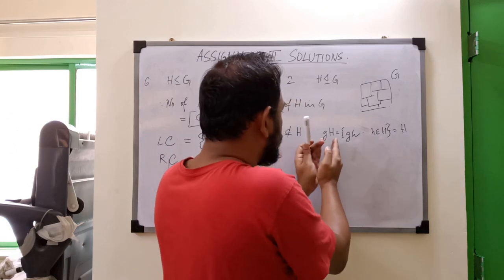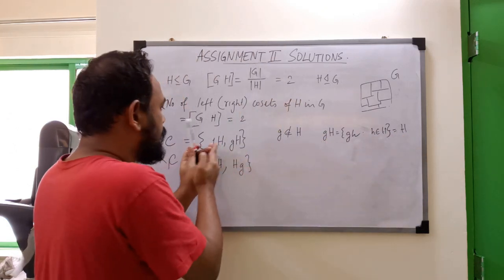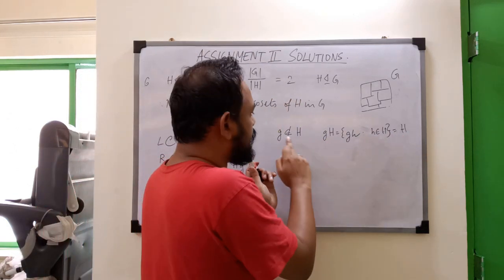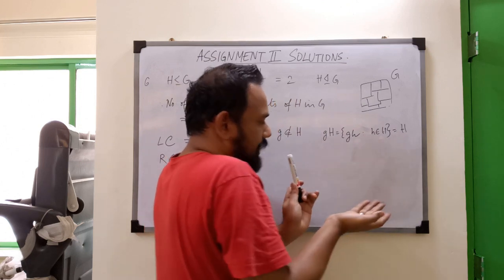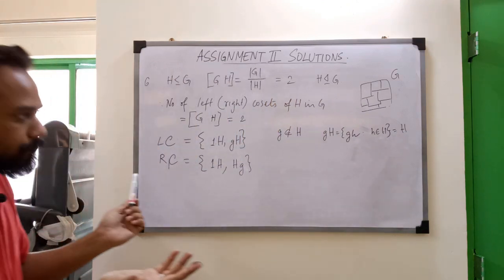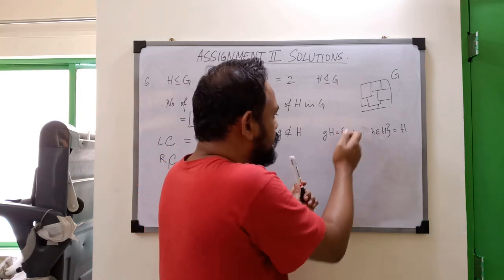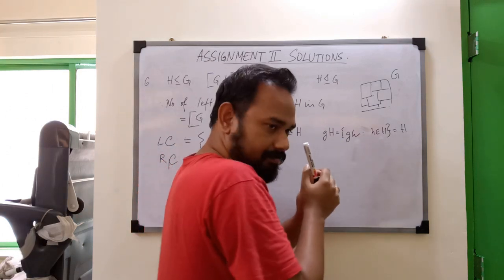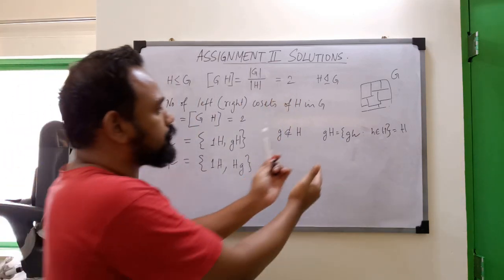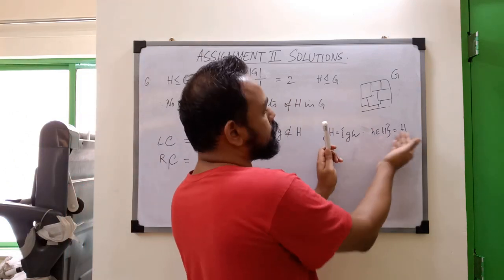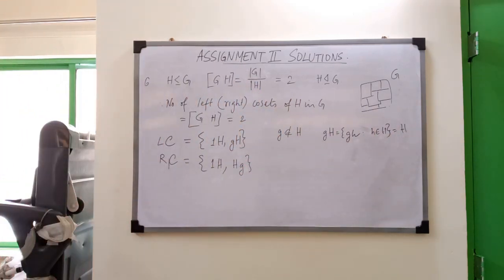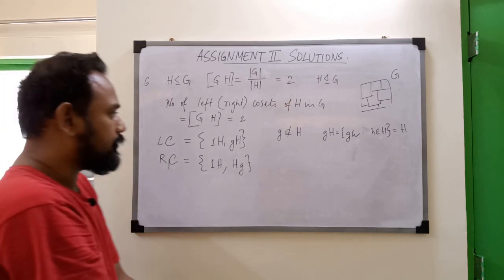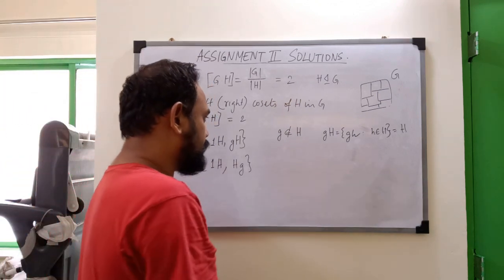So to say that GH is not the same as H, G cannot be an element of H, otherwise the two would be the same by closure property. And as two cosets should have the same number of elements, the two would be the same, and that's a very straightforward argument. So G cannot be an element of H.